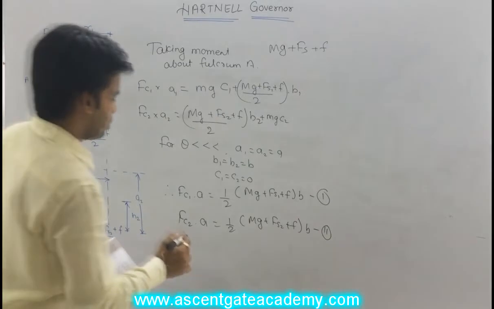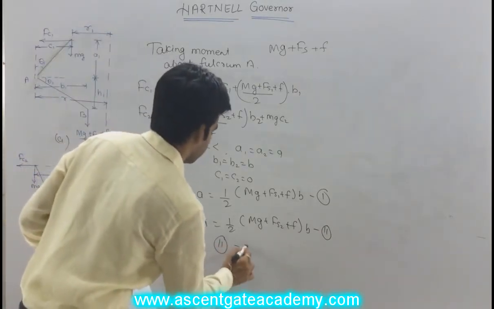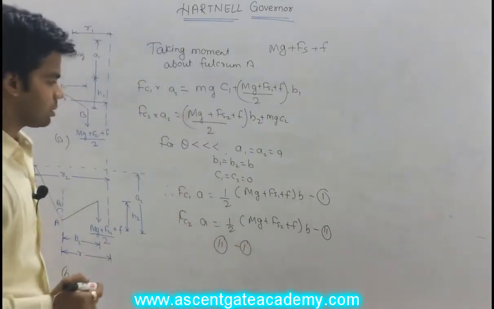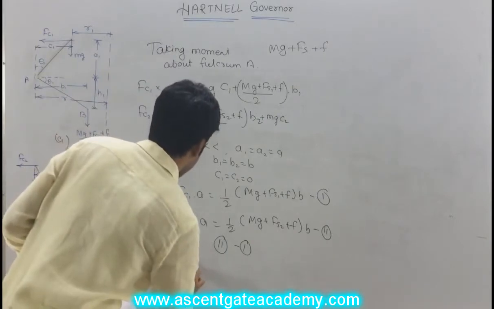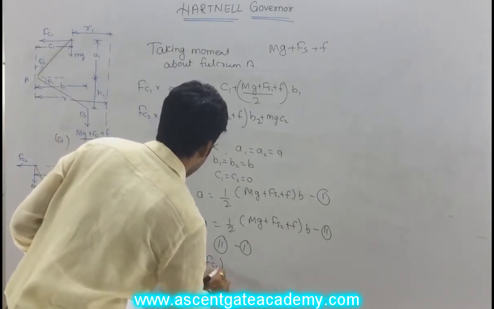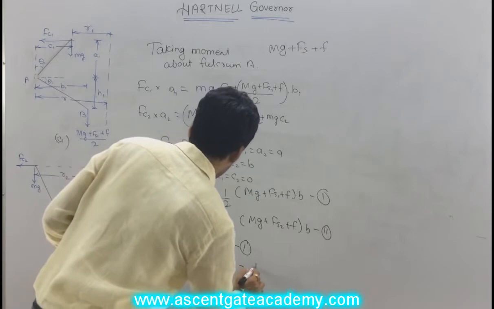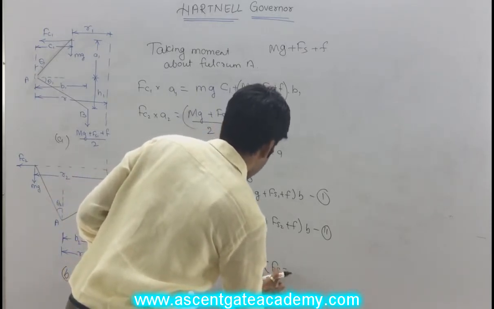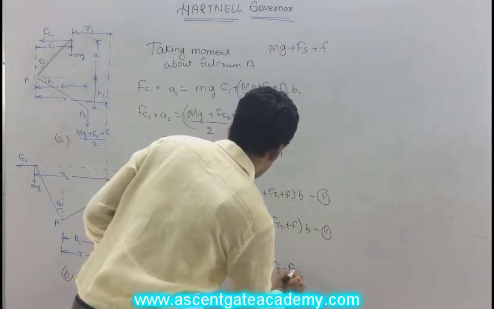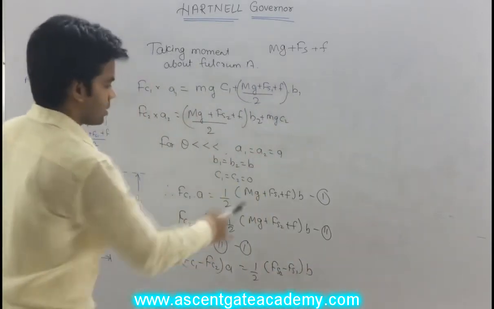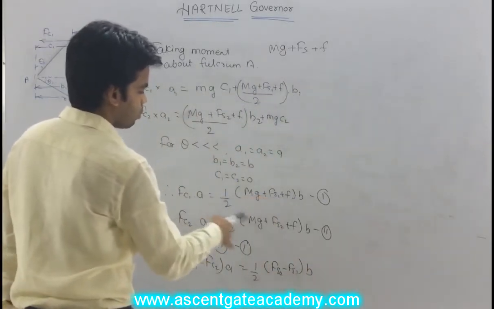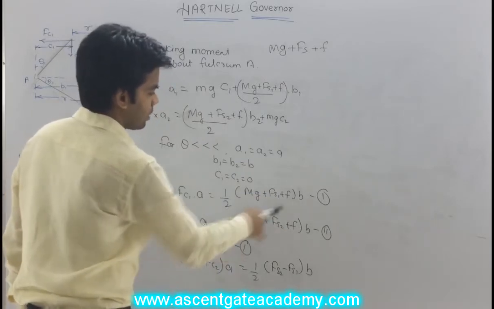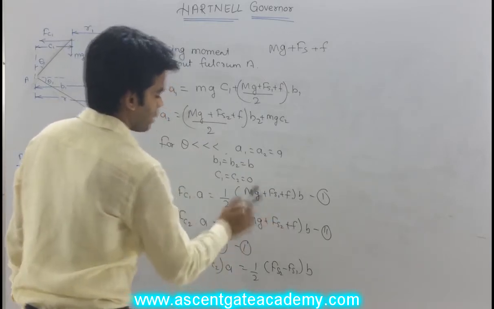Okay. Now 2 minus 1, subtracting equation 1 from equation number 2. So what will we get? Fc1 minus Fc2 into A is equal to half Fs2 minus Fs1 into B. This mg into B by 2, mgb by 2 cancel out, Fb by 2 and small Fb by 2 cancel out.